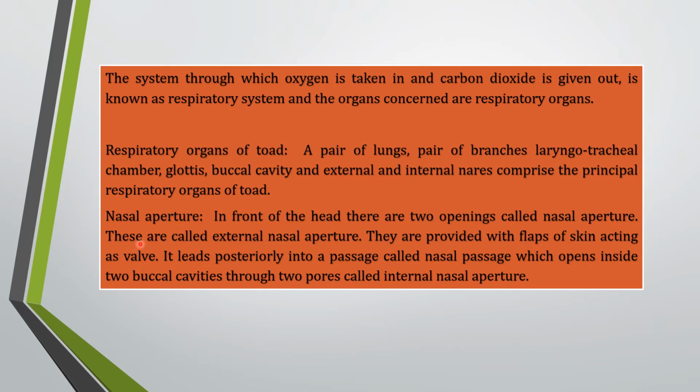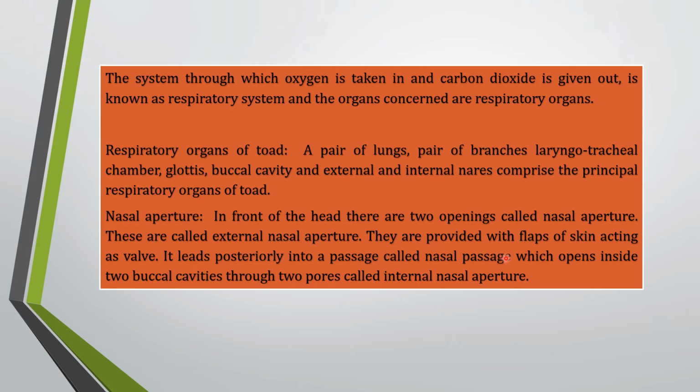So first we are starting with nasal aperture. In front of the head there are two openings called nasal aperture. These are called external nasal aperture. Hope you have remembered the external structure of toad actually. There it has been shown. System of toad and external structure of toad. When I was teaching you, that time you have drawn this structure and I think you have labeled this also.